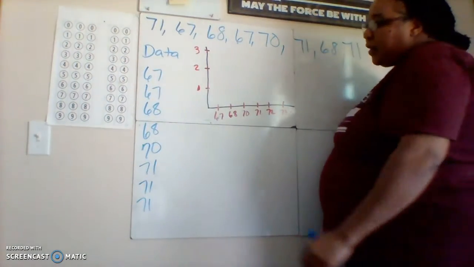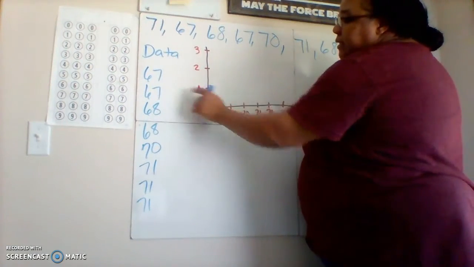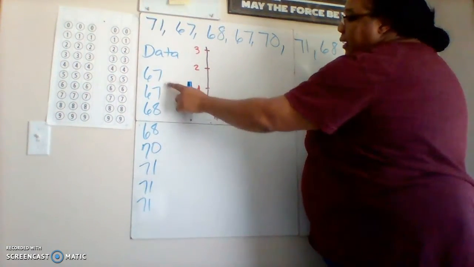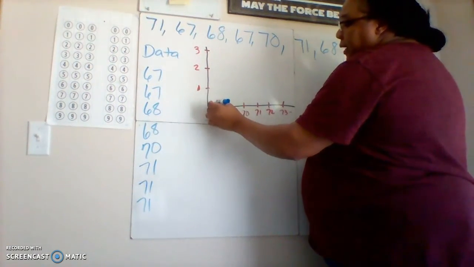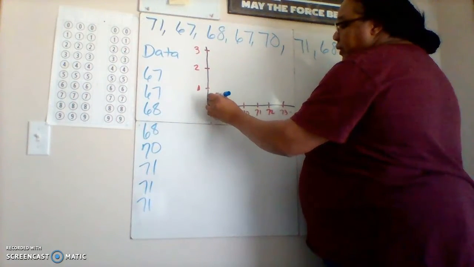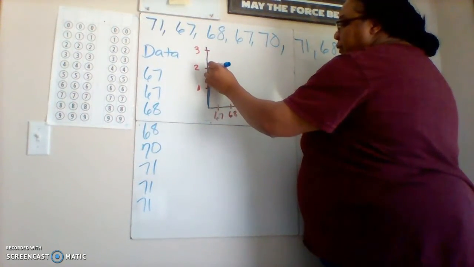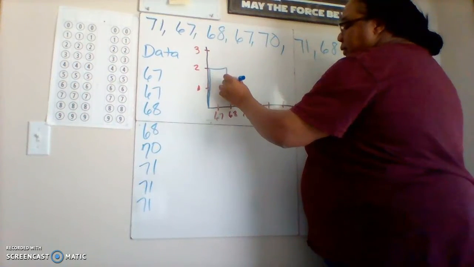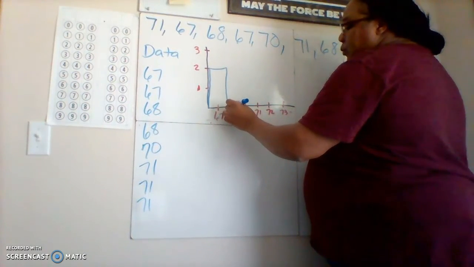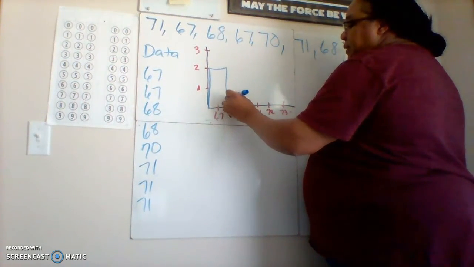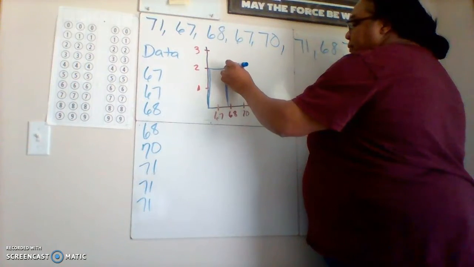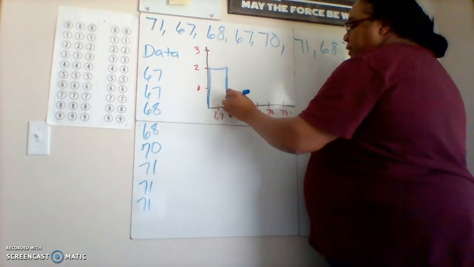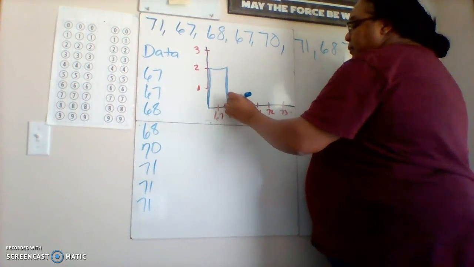Ready? All right. So how many 67s do I have? I have 1, 2. So I'm going to take my box, bring it all the way up to 2. Bring it over and bring it down. Make sure that number goes right behind that 68, because I don't want to go past 68. Okay, that's as often as I see 67.